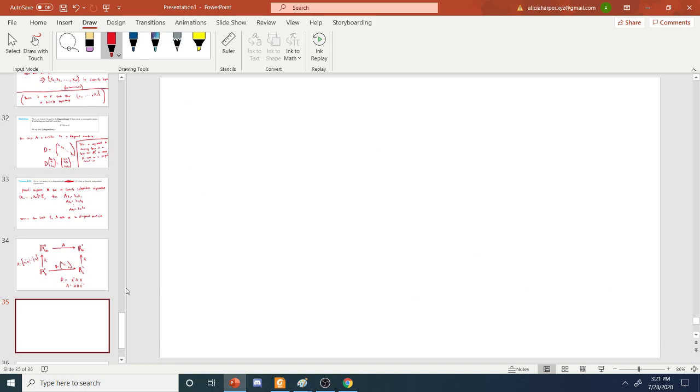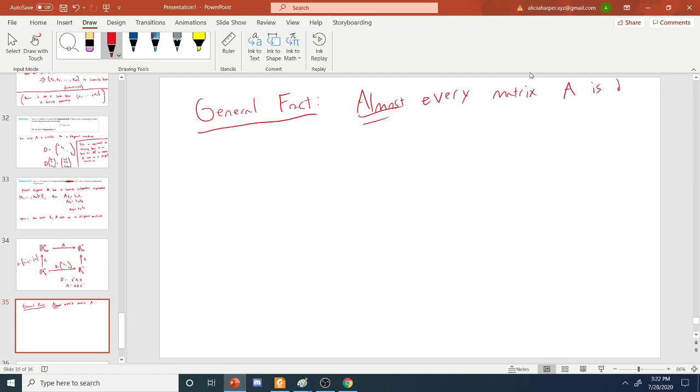And now I'm just going to state a general fact. Almost every matrix A is diagonalizable. Note the word almost. This is the key thing. I'm not going to go into the matrices that are not diagonalizable.